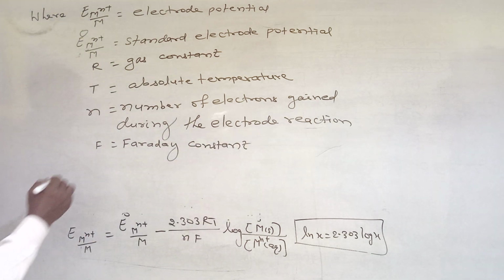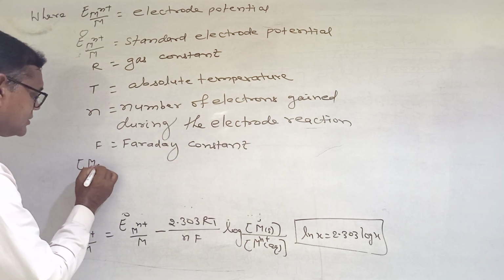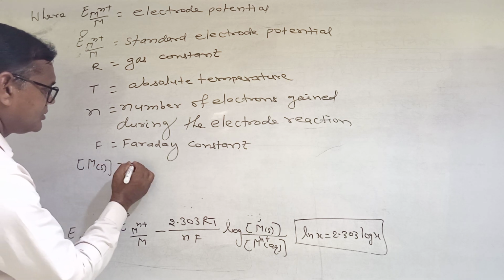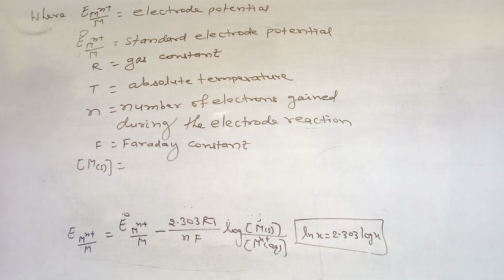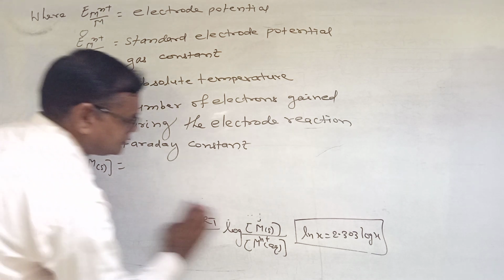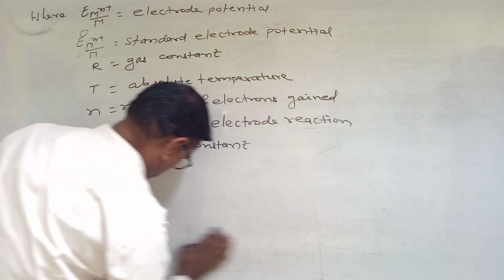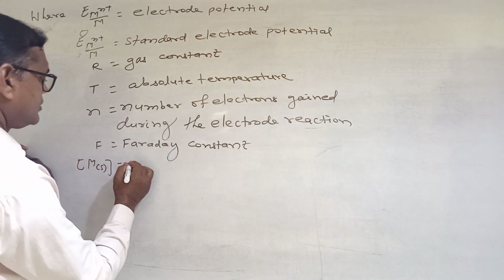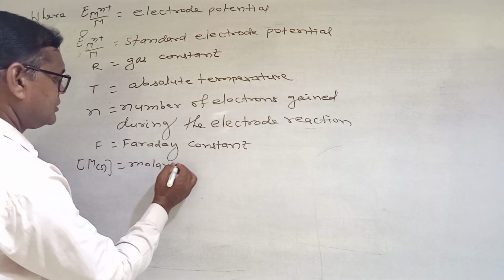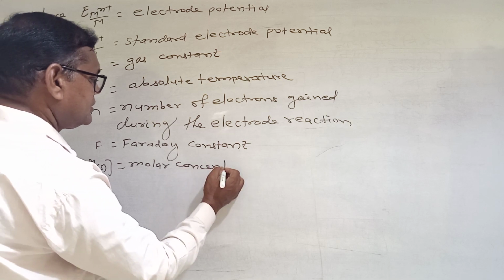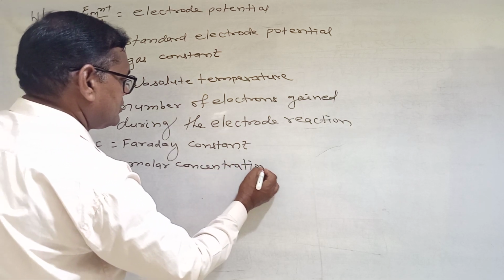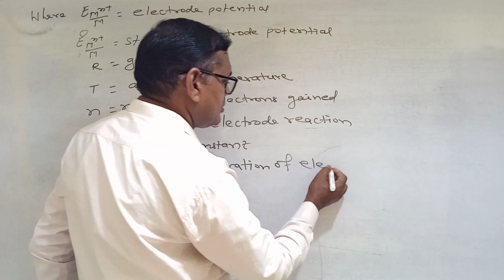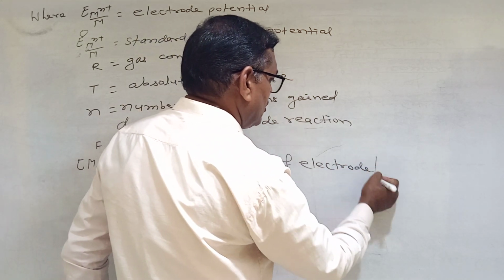The concentration of electrode or metal is the molar concentration of electrode.